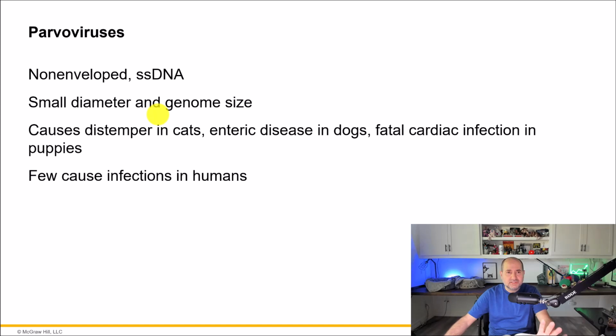Lastly, I just wanted to touch on the parvoviruses because they're really interesting. They are non-enveloped, but they are single-strand DNA viruses. These are small diameter viruses with small genomes, and they can infect animals. So they can cause distemper in cats, enteric disease in dogs, fatal cardiac infection in puppies, and a few cause infections in humans.